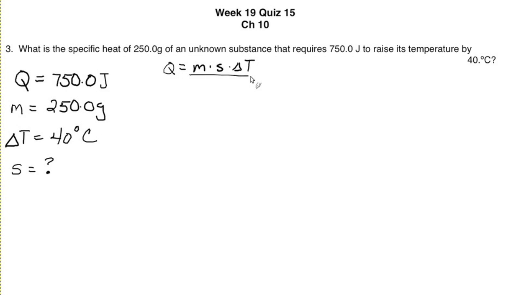And to do that, we're going to divide both sides by m and delta T. That causes the m's to cancel over here and the T's to cancel over here, and we get Q over m times delta T equals S, or specific heat. So I'm going to change sides here.